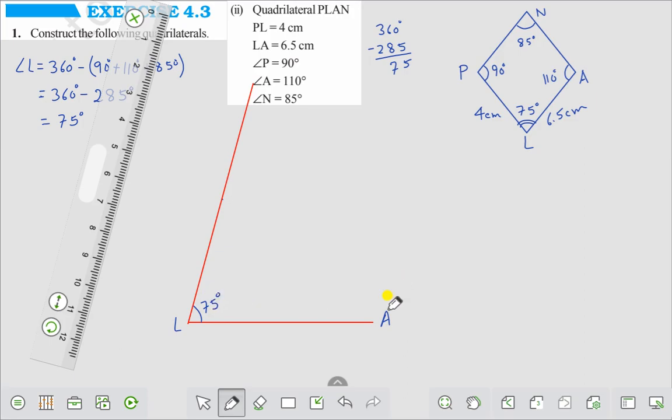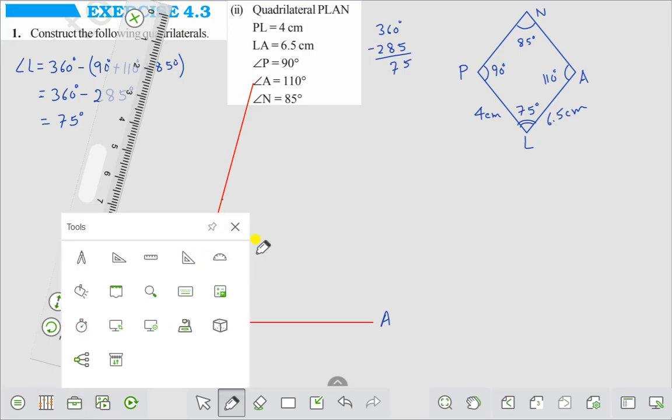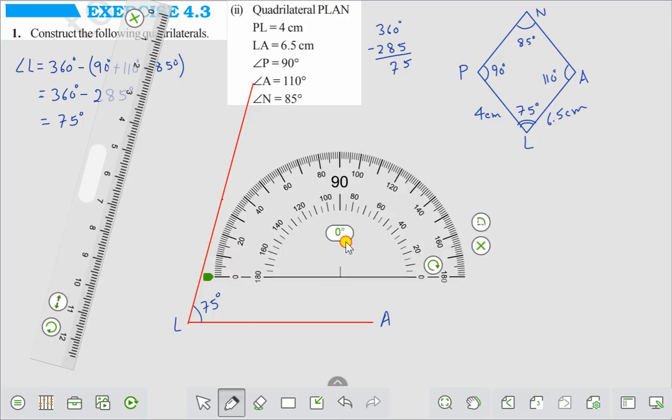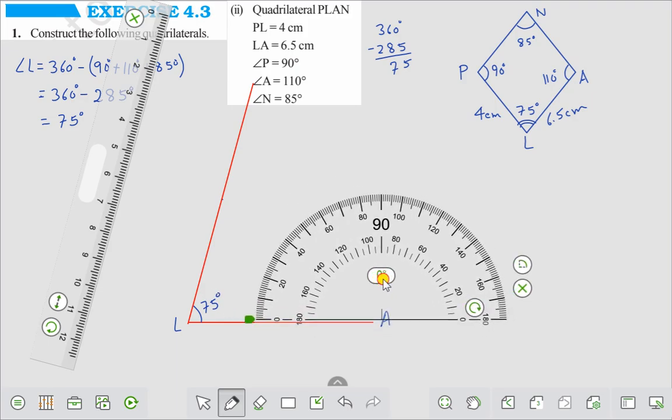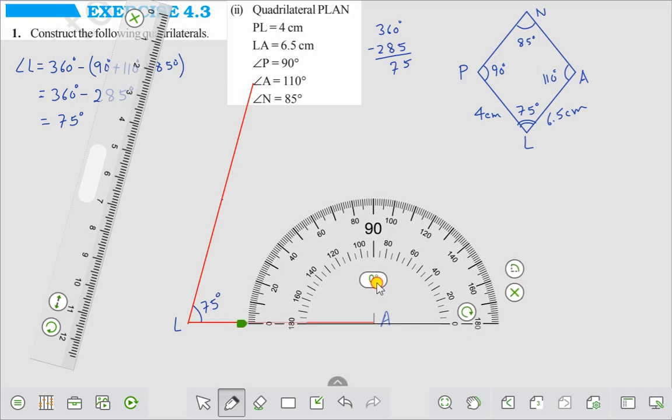And at the point A, you have to make an angle of 110 degree. Let us take again the protractor, and with the help of this protractor, we will make an angle of 110 degree, that is 90, 100, 105, 110.